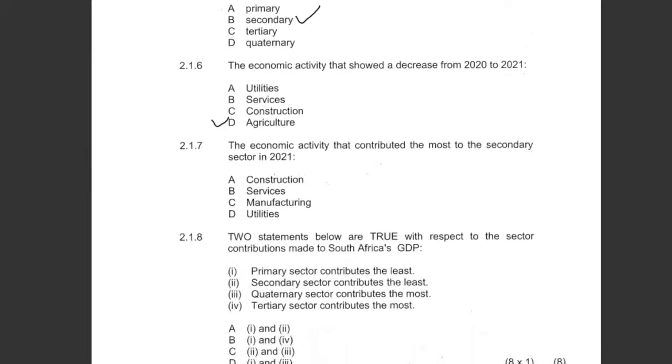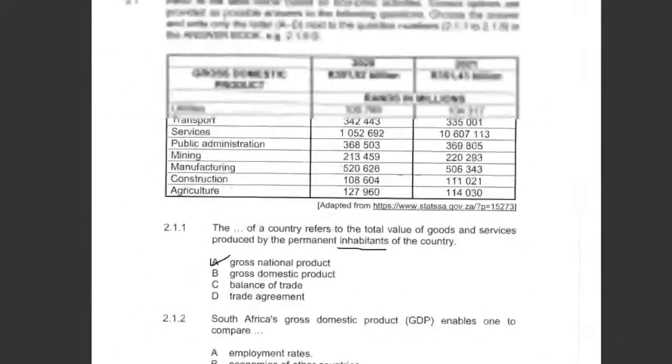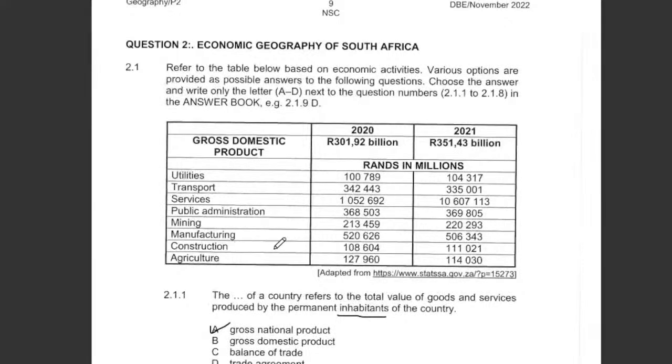The economic activity that contributed most to the secondary sector. So let us see which one is secondary here. Is this secondary? No. Is this secondary? No. That means we are left with A and C, construction and manufacturing. Which one contributes most? Automatically it's manufacturing. You go back to the table and you will see construction and manufacturing. Which one contributes? This is 500. Which secondary? So we have construction and manufacturing.